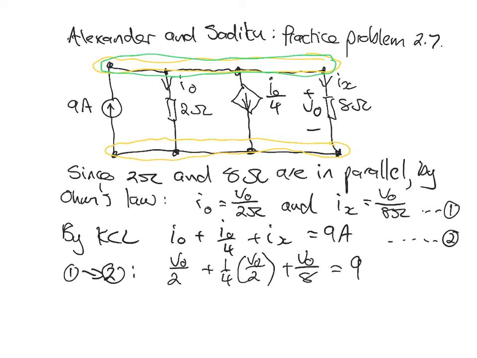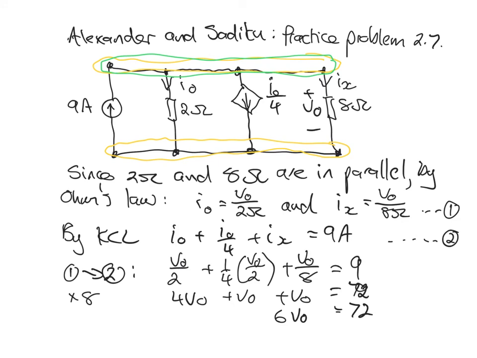So now if we multiply both sides by 8, then we get 4 V_O plus V_O plus V_O is equal to 72. Okay, so then we have on this side, we've got 6 V_O is equal to 72.